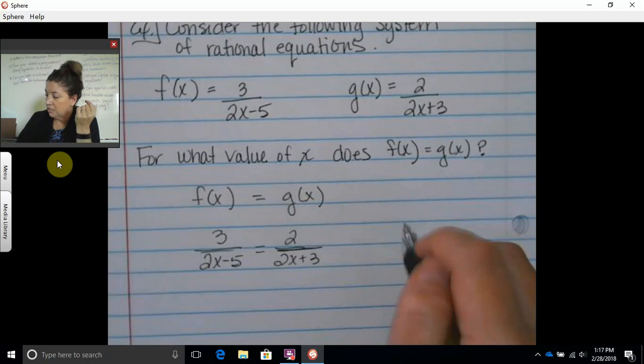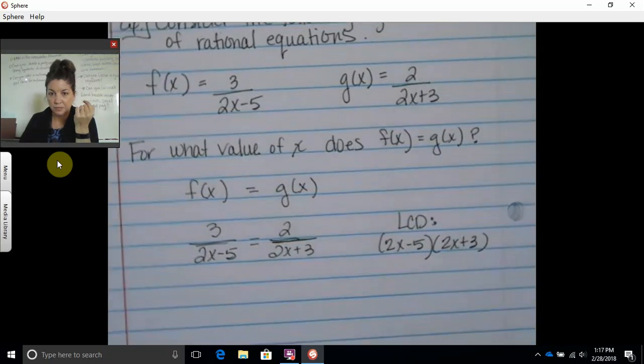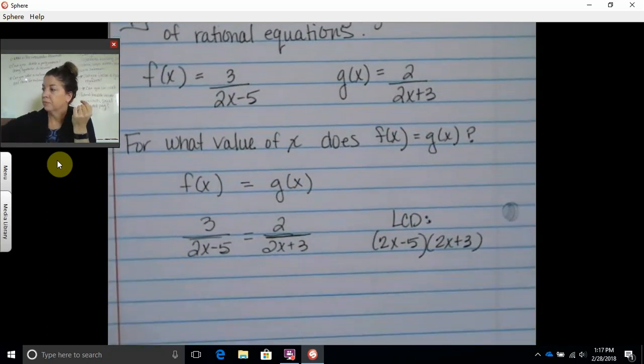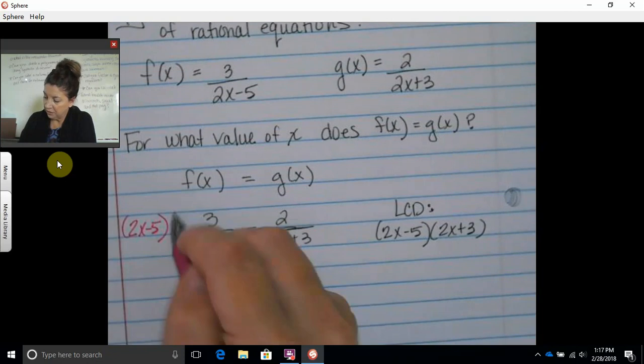So my least common denominator is 2x minus 5 and 2x plus 3. So I'll multiply every term by 2x minus 5 and 2x plus 3.